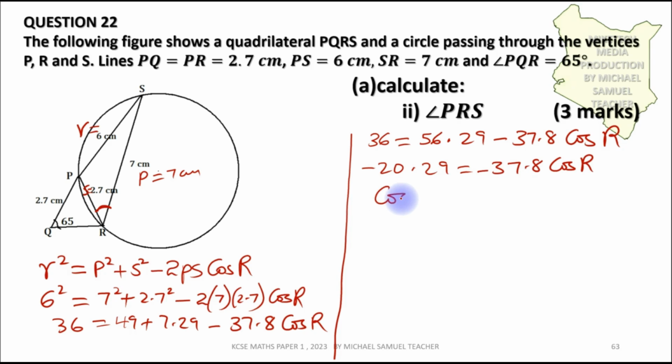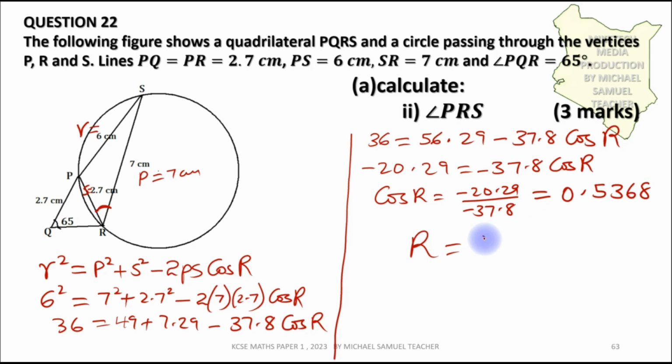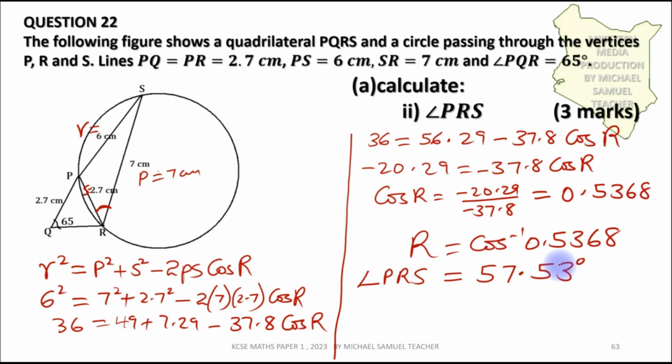So cosine R will be equal to minus 20.29 divided by minus 37.8, which is equal to 0.5368. Therefore, R will be cosine inverse of 0.5368. We shall get angle PRS, which is equal to angle R, is 57.53 degrees.